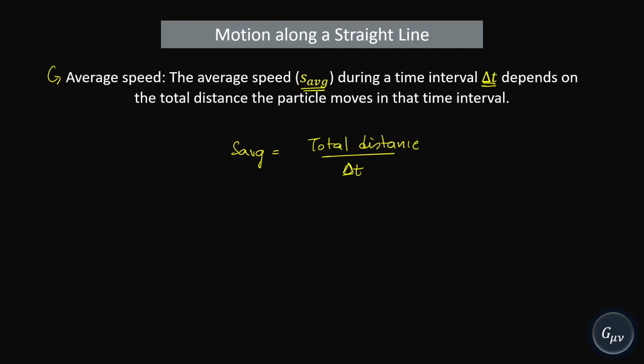So this is pretty straightforward. There is nothing much to it. The only point is that the average speed is a scalar quantity as opposed to average velocity, which was a vector quantity. The average speed does not tell you the speed at this particular instant. As the name suggests, it tells us the average speed over a given time interval.